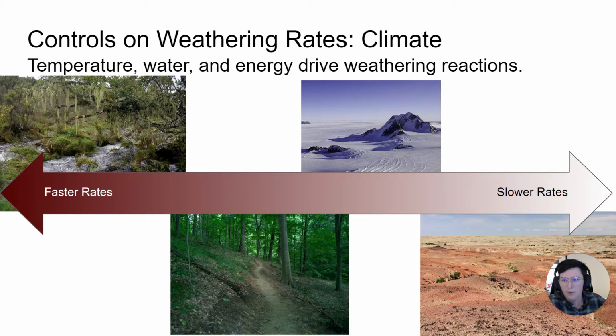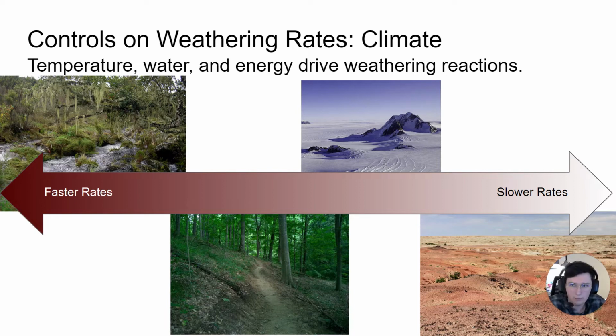And so places like tropical rainforest, we would expect to be super, super fast weathering. So from left to right here, this is the Kilimanjaro rainforest, and you can see there's rivers running over everything. It's constantly wet, it's constantly hot, and you'd have really fast weathering rates. Moving right is then Hoosier National Forest in Indiana, a temperate forest with a temperate climate, so it has some heat, hot summers, cold winters.